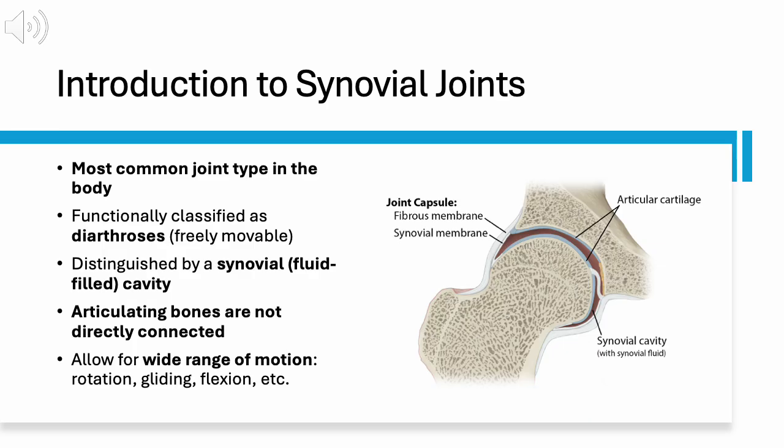Structurally, what sets them apart is the presence of a synovial cavity, a space filled with lubricating fluid that separates the bones and allows them to glide past each other with minimal friction. Because of this design, all synovial joints are classified functionally as diarthroses, which means they allow free movement. But not all synovial joints move the same way. Some rotate, others glide, some hinge open and closed.